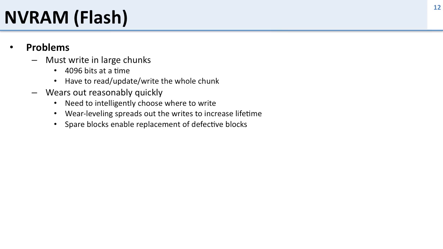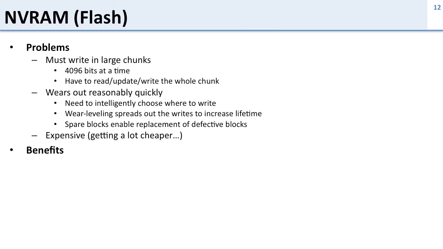When you read and write flash many times, you actually damage the cells that are storing the data. So we need to intelligently choose where to write. We need algorithms that spread out the writes to increase the lifetime, and we need a lot of spare blocks in our flash so that if we detect a block that isn't working anymore, we can swap in a new one. The biggest problem, however, is that flash is expensive, but it's getting a lot cheaper.